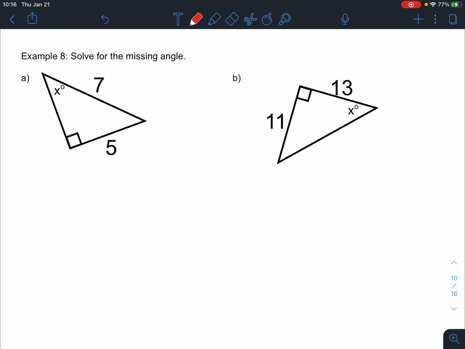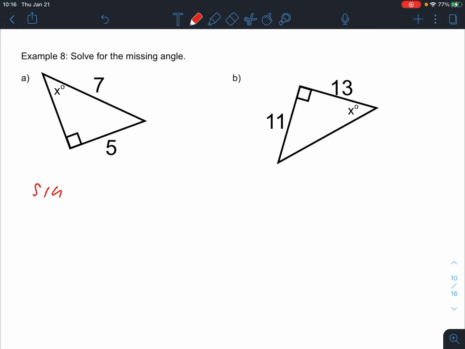All right, so here's a couple more practice problems we're going to do. First one, we have angle x. 7 is the hypotenuse. 5 is the opposite side. So opposite and hypotenuse would be sine.